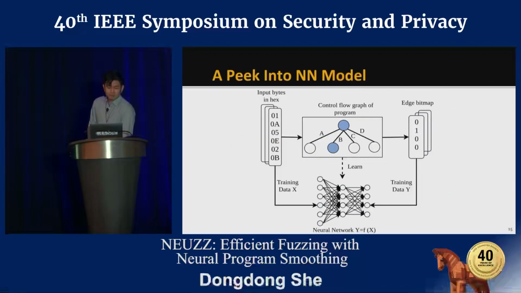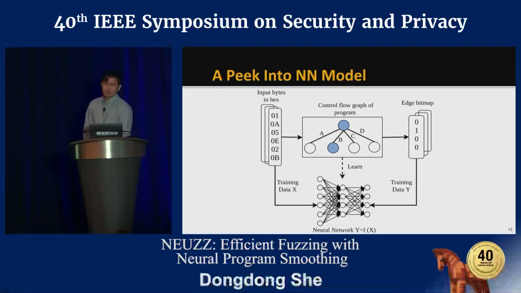Here, we will peek into the neural network model to explain more detail of the training. Program inputs like a file or string can be considered as a byte sequence, each byte with value ranging from 0 to 255. So we can represent the byte sequence with a numerical vector. Then we feed the input into the target program and obtain the branching behavior.